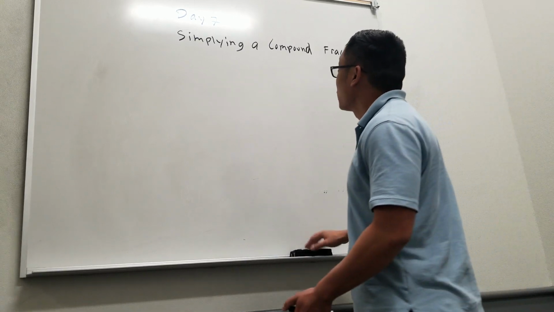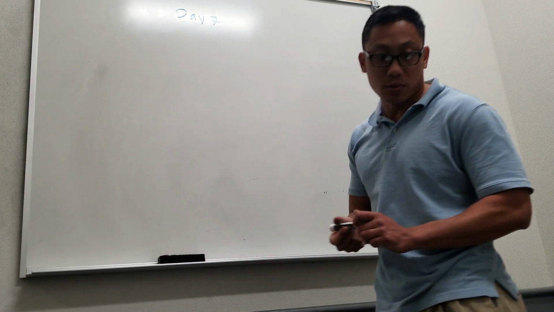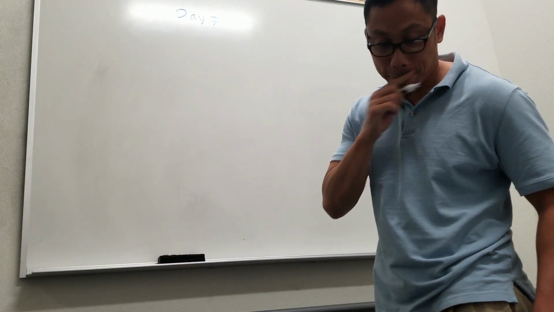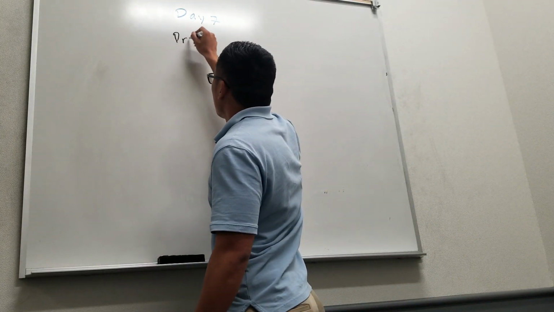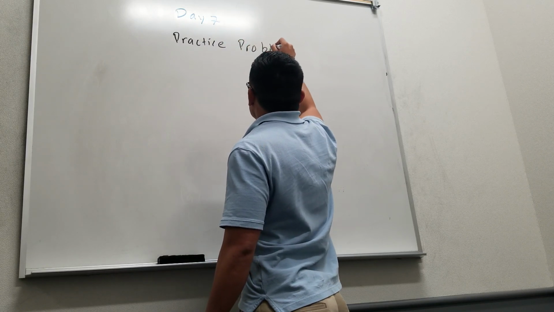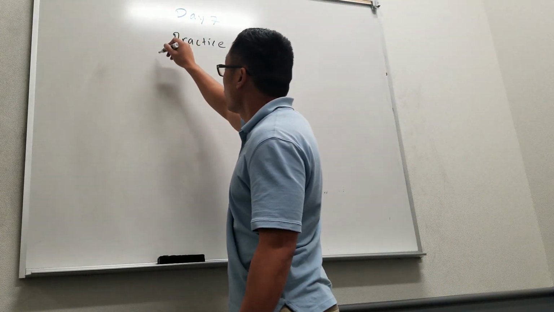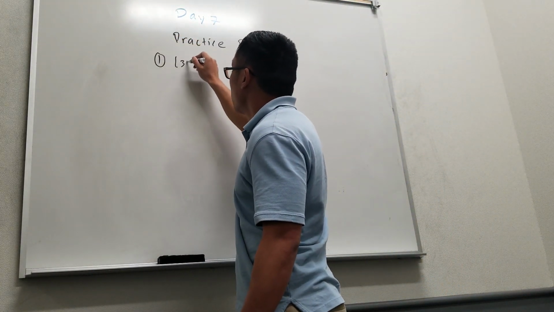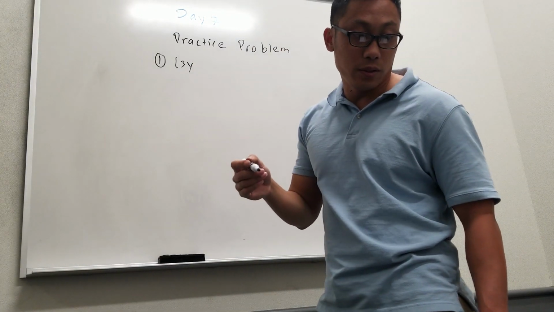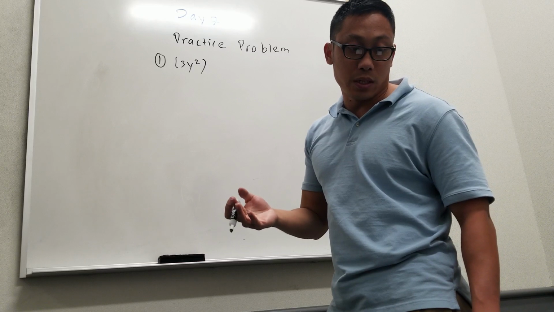Okay, so practice problems. Let's do some practice problems. So try it out. Pause the video, and hopefully it makes sense to you. If not, go back to the examples I did.